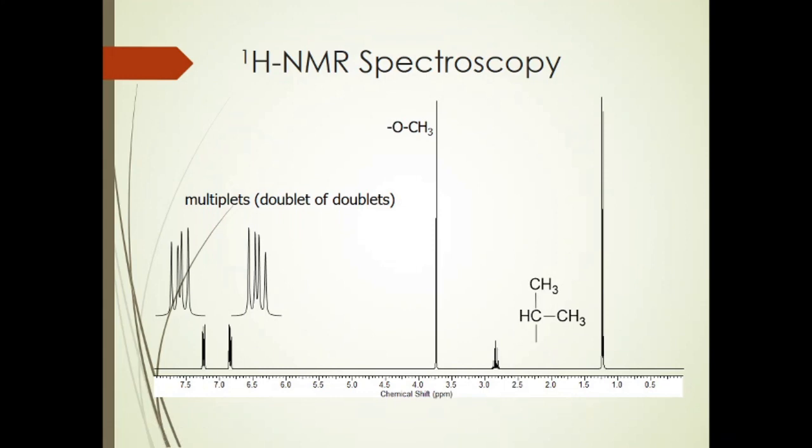But a doublet of doublets arises when you have some hydrogen signal that's being split by one neighbor into a pair of peaks. This gives you a doublet, but then a second hydrogen splits it again, but splits it by a different coupling constant, and so you end up with a pattern like this.